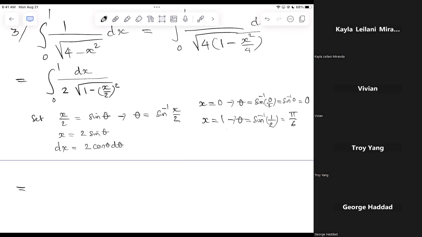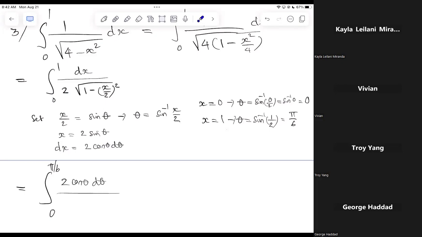Okay. So the integral now has the limits 0 to 1 becoming 0 and pi/6, the new limits. And also dx is 2 cosine theta d theta.